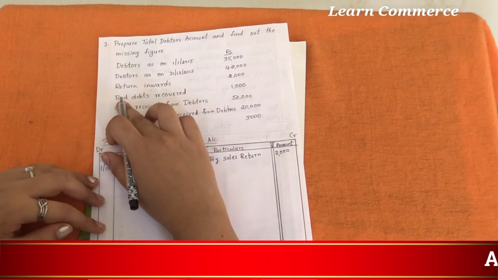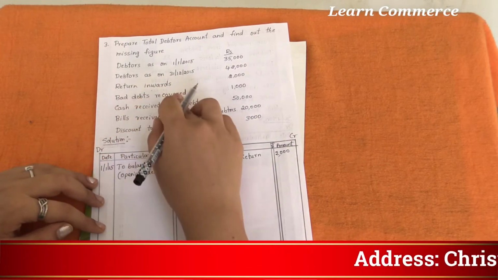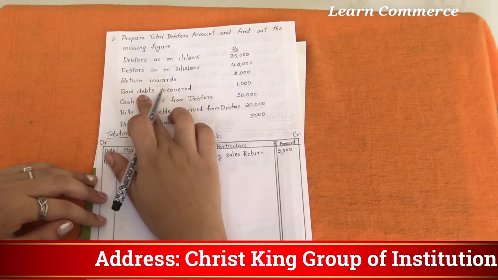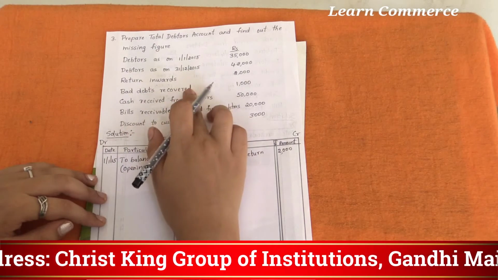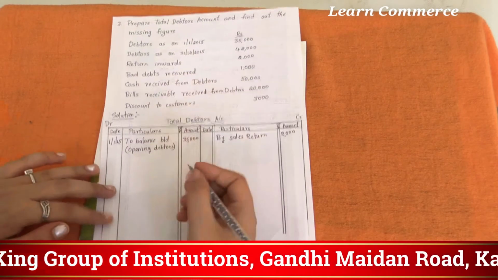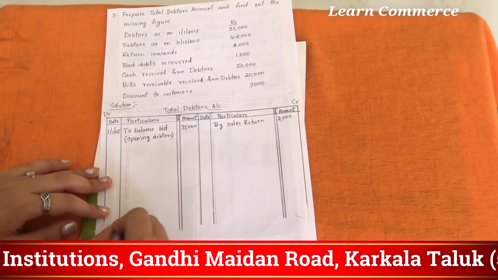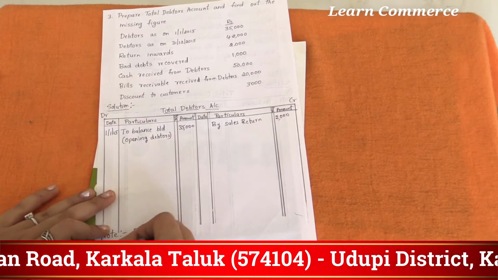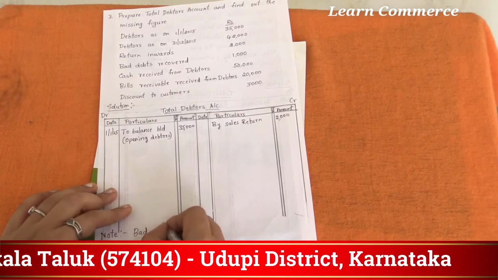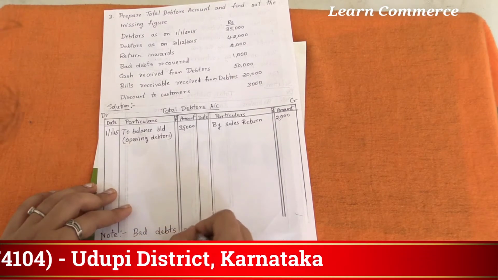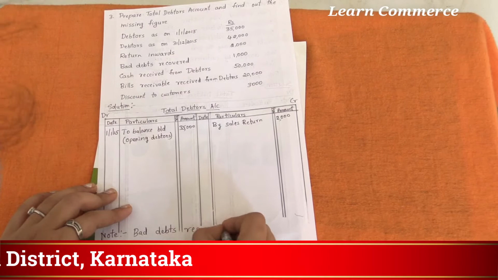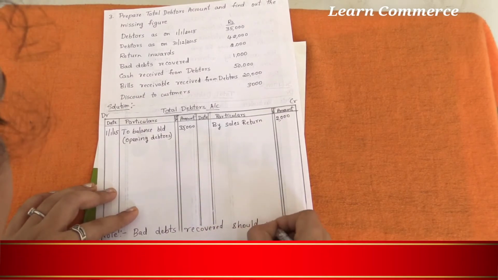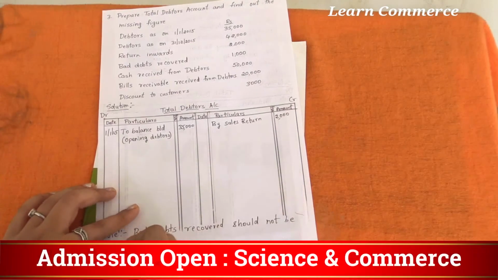Then bad debts recovered 1,000. Bad debts we should record, but bad debts recovered we don't write. Understood, right? So write a note: bad debts recovered should not be considered.